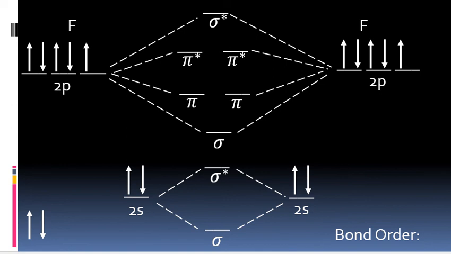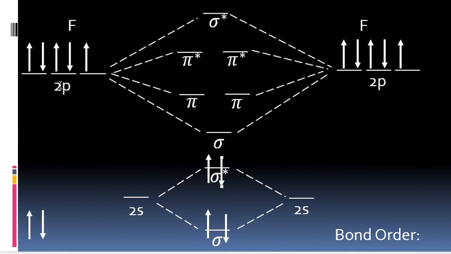Now, here's how we can start filling up the molecular orbitals. We'll take one electron from each s orbital to start filling up that lowest bonding orbital. And we still have 2 valence electrons left over, so we can fill the anti-bonding orbital. Alright, cool.